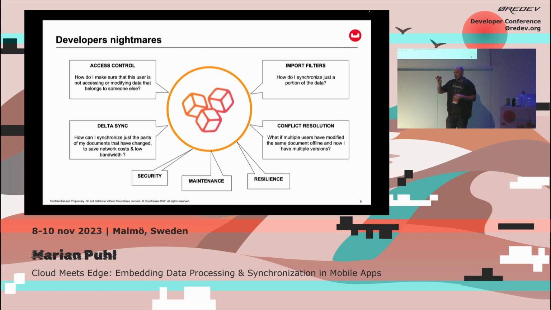Another aspect, delta sync. That means, and we touched on this before, all the data you're transferring between the cloud and your device, you're paying for the data volume, right? So that's something to consider. You would like to limit the amount of data that is moved as much as you can, and also consider that maybe connectivity is available, but the bandwidth is really, really slow, so the data is transferred really slowly.